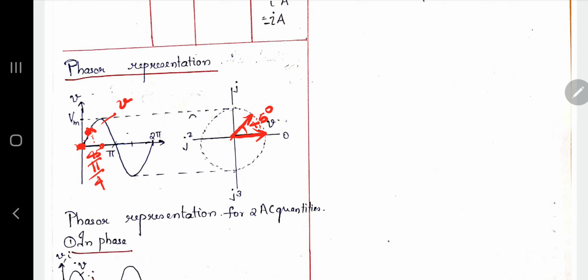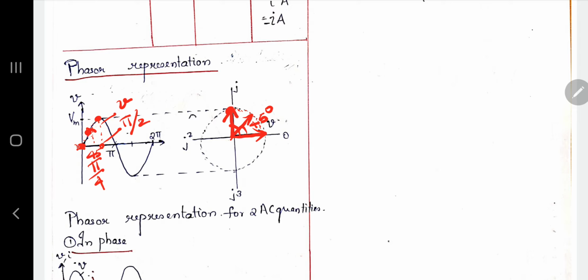Now again, if this one reaches here, it is the maximum value which it can obtain. And what is the angle here? You can see that the angle at this point is pi by 2. Then what will have happened on the phasor side? This phasor will have rotated by 90 degrees and reached this point.